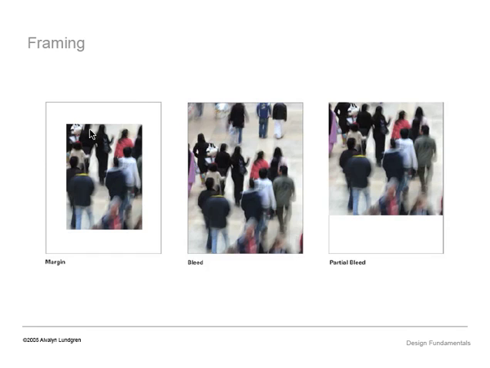So this is a closed composition, this is open, and this is partially closed or partially open, however you want to look at that. It's bleeding on the two sides and the top, but not on the bottom. So the same image framed differently for different purposes. Framing is a very important idea, principle, given the context that you're working in.